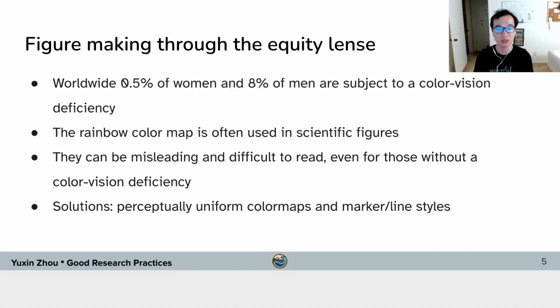So the solution here is to use a perceptually uniform color map, and you can read more about the definitions of these in the notebook. Or alternatively, you can just use different marker or line styles to distinguish the different records. So maybe use a solid line versus a dashed line for two different records.